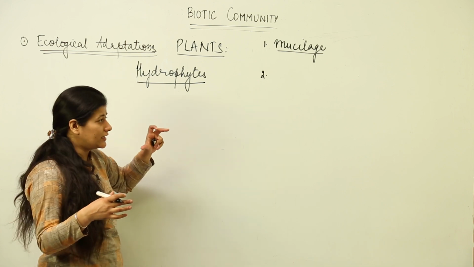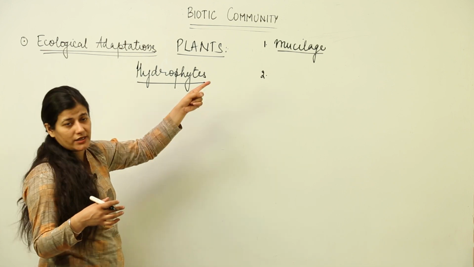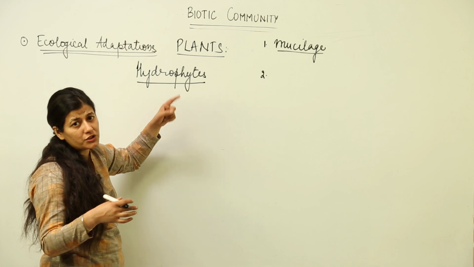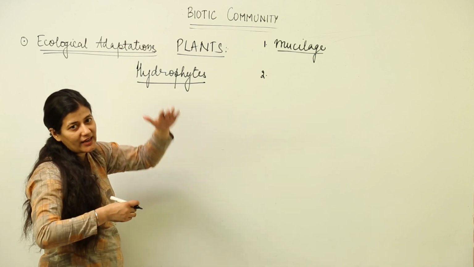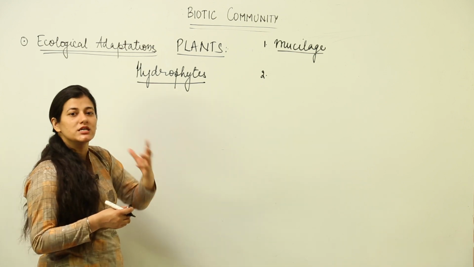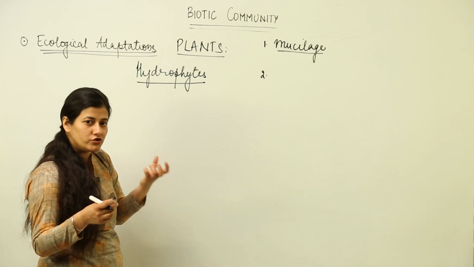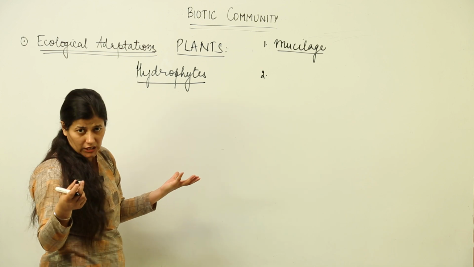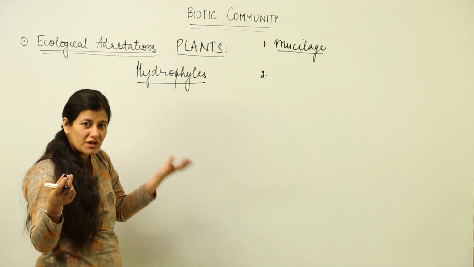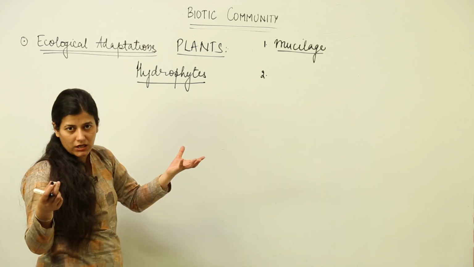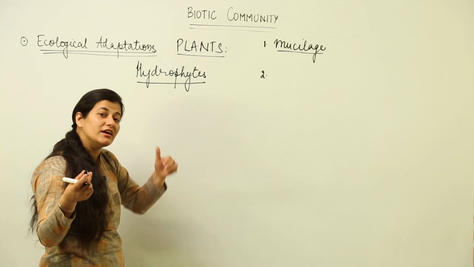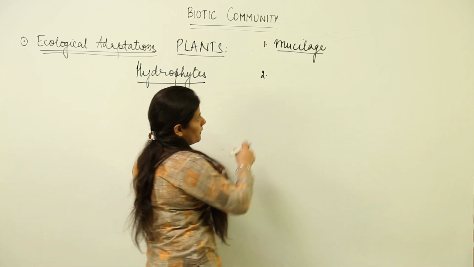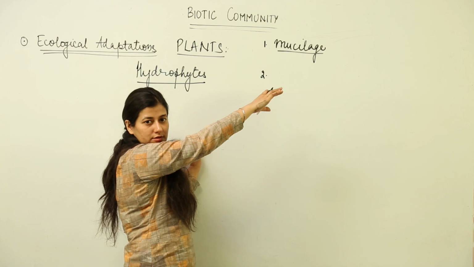So when I say that we are discussing mucilage on the plants which survive in water, don't consider that the plant would be entirely submerged in the water. There are certain cases, as in the case of Eichhornia, there are plants which have their upper parts exposed in the air, that means they are free floating, and there are certain examples like Hydrilla, they are completely submerged. So the first characteristic was of mucilage.